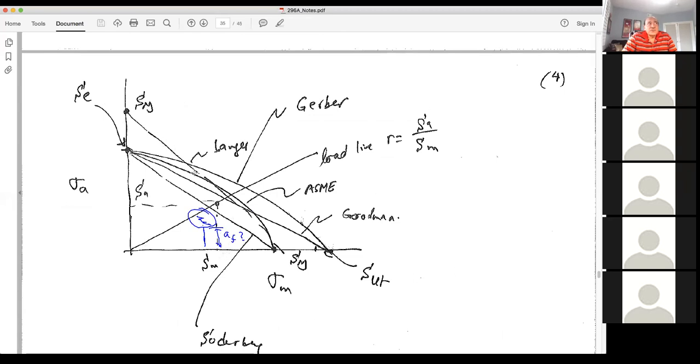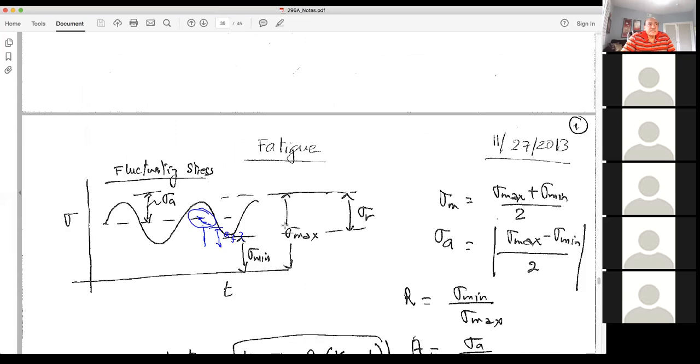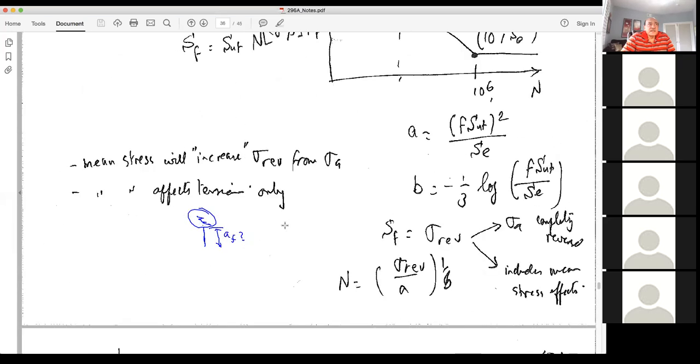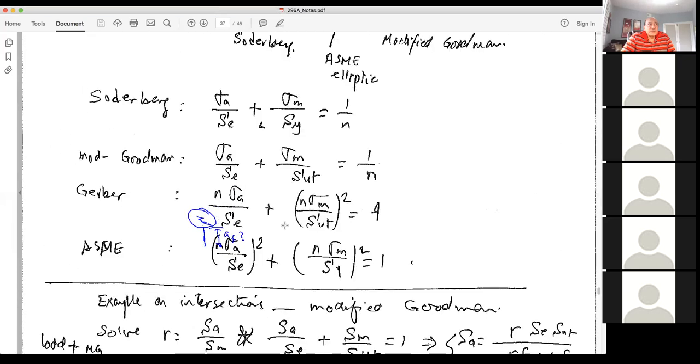So whatever we do, we have to be below the Langer line, because if on the first cycle or second or whatever cycle the sum exceeds the yield, then the material is already plastically deforming, meaning that it's going to ratchet from one cycle to another, and is going to build cracks in it. So these are the design considerations that we have to take.